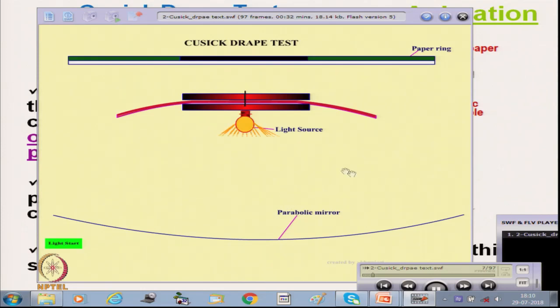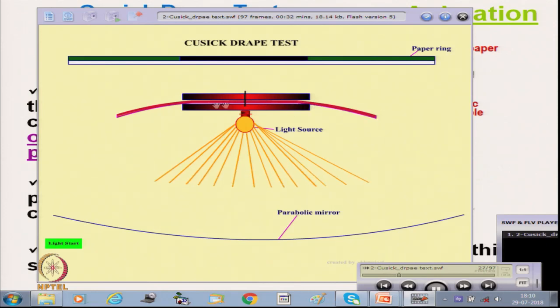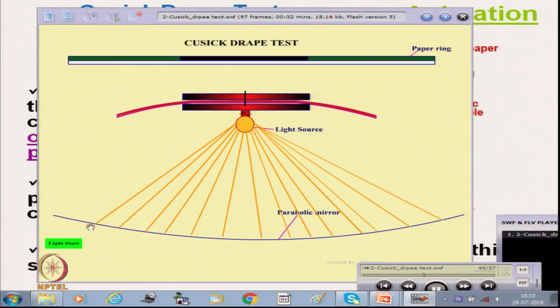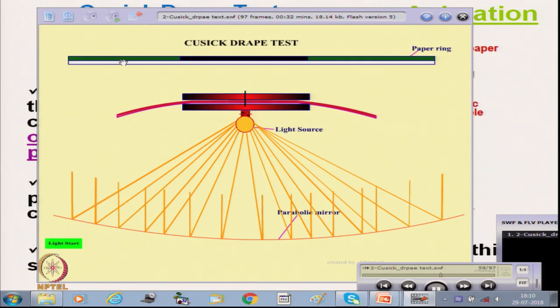Now, the fabric sample specimen is just behind the light, it is not direct light that is falling. It is getting reflected, and parallel light is getting reflected.